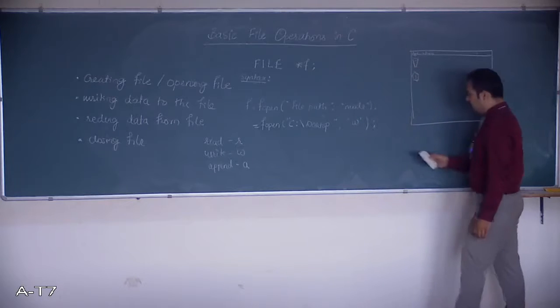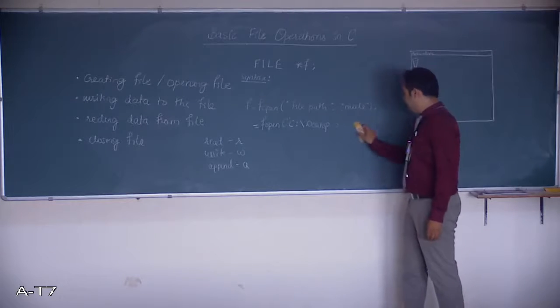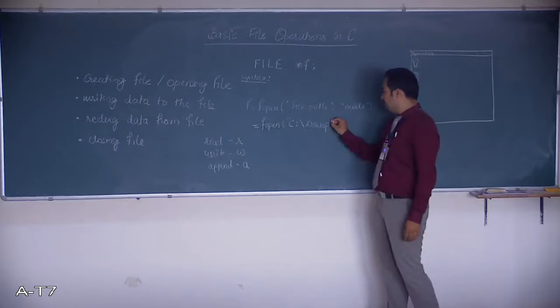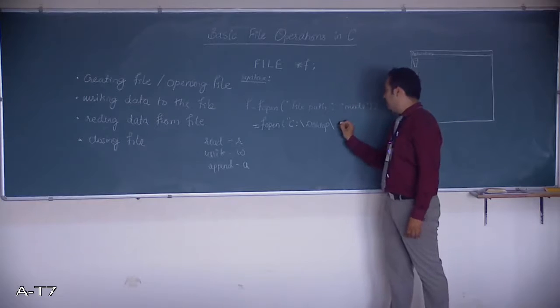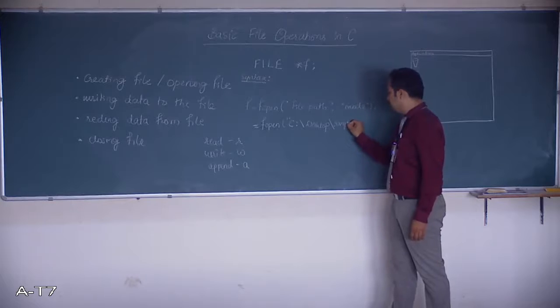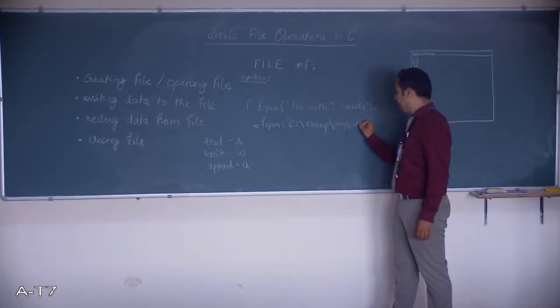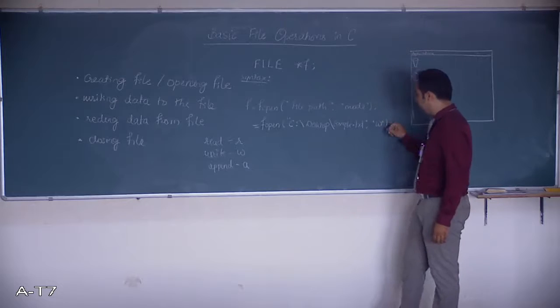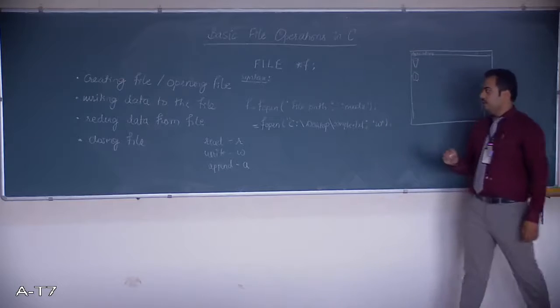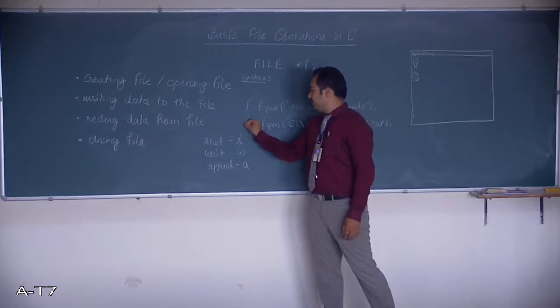So let me rewrite it. After this, on desktop, suppose I name it sample.txt, and then the write mode. And here is my file pointer f.